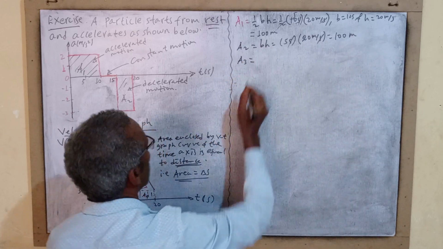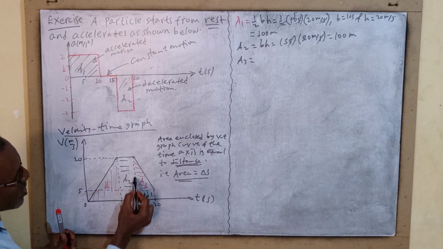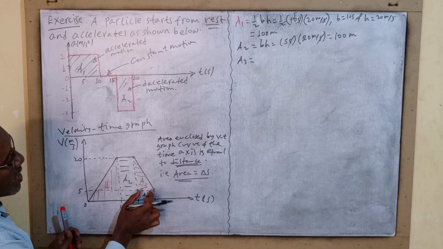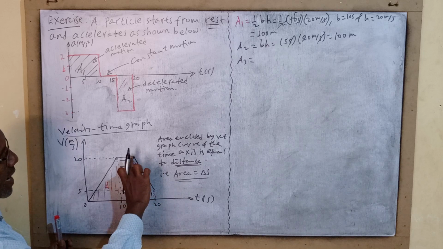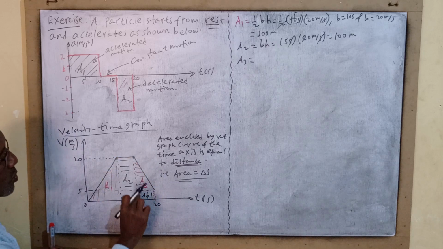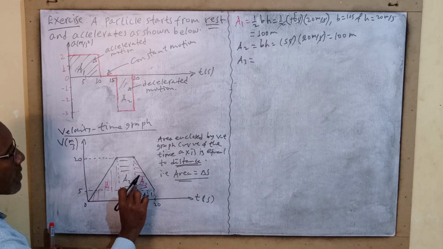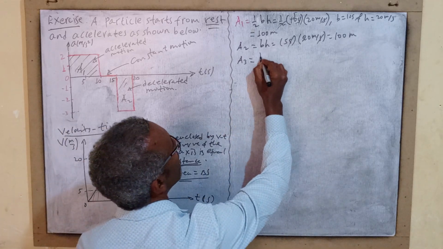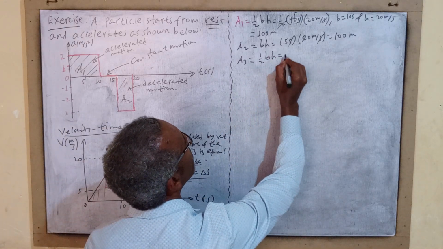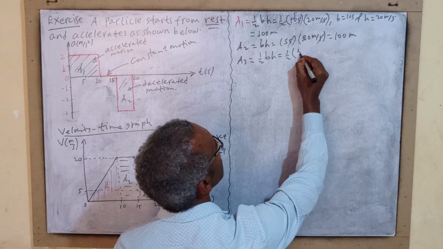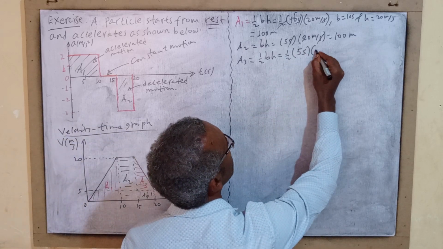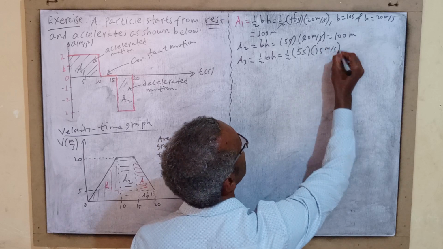Area A3 is the area of this triangle. The area of this triangle has base 5 seconds and height from this to this 20, from this to this 5. 20 minus 5 is 15. Half times base times height is equal to half times our base, 5 seconds, times our height, 15 meters per second.